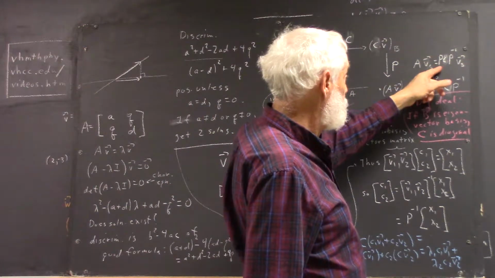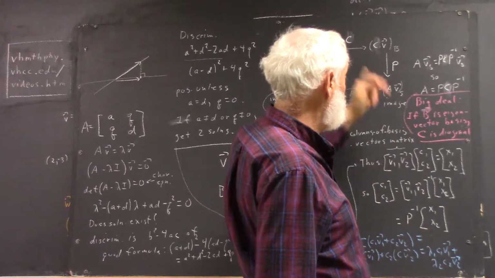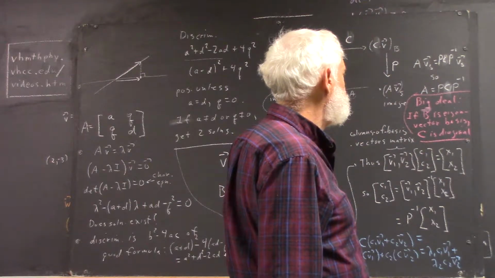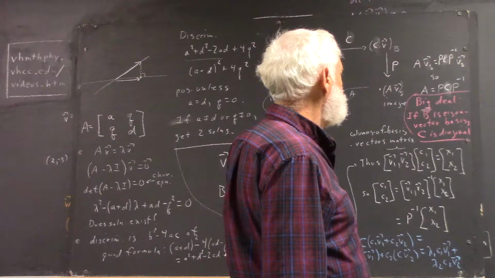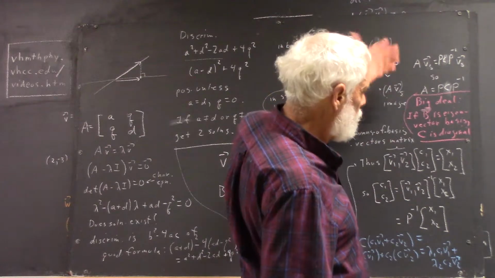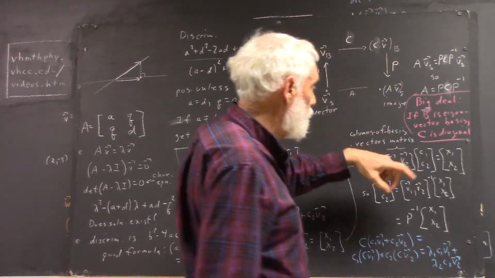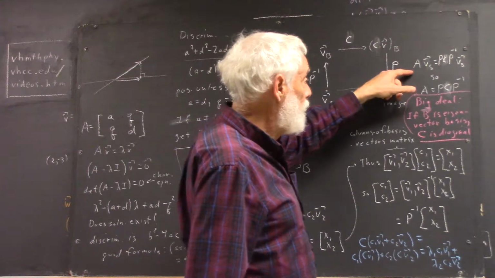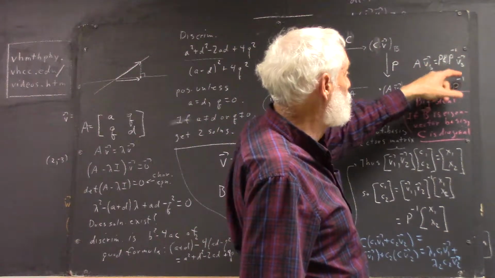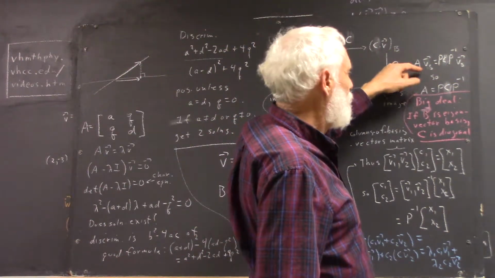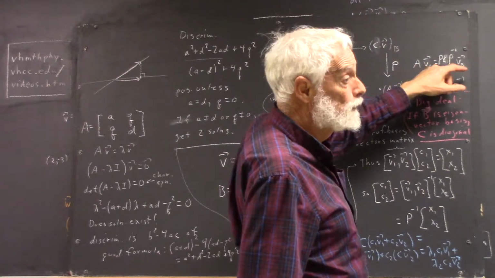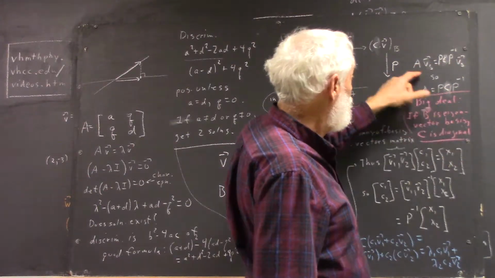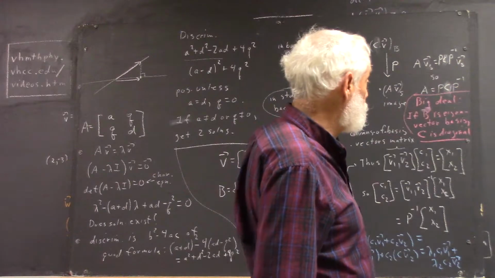The P inverse will match up with the P, we'll have P inverse A. And I didn't do that, that's not what I did here, so forget what I was just saying. We simply can say then, since A times Vs equals PCP inverse times Vs, for any Vs, A must be PCP inverse.